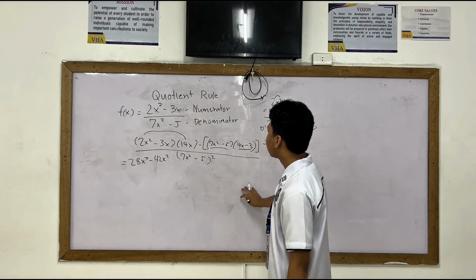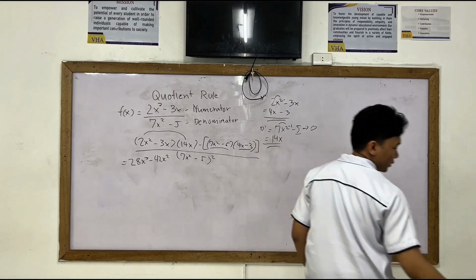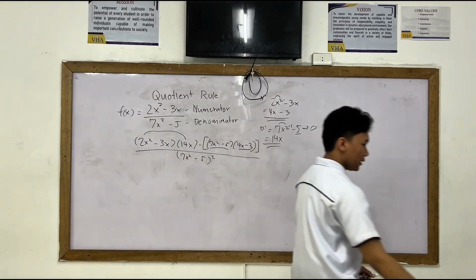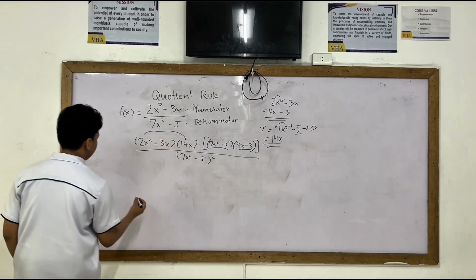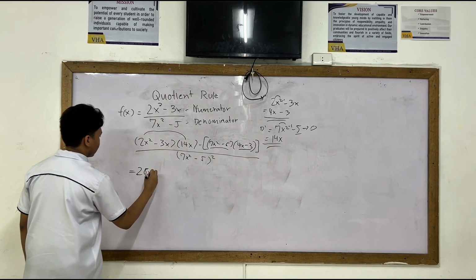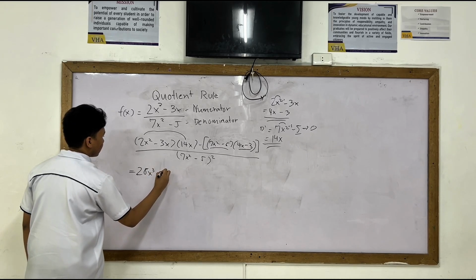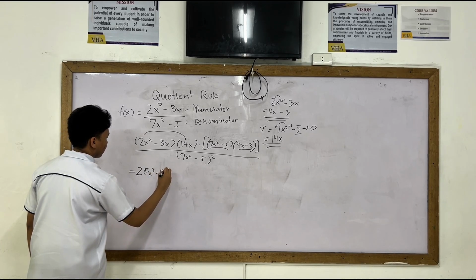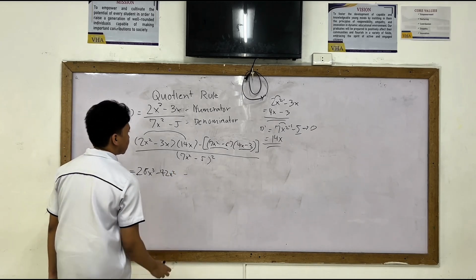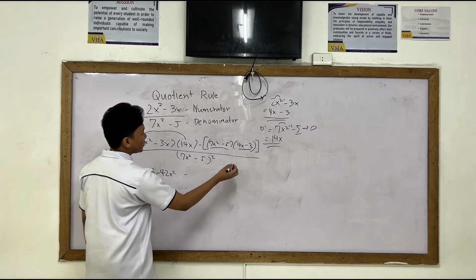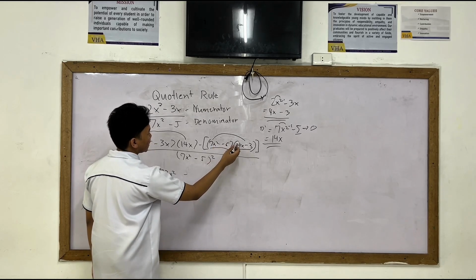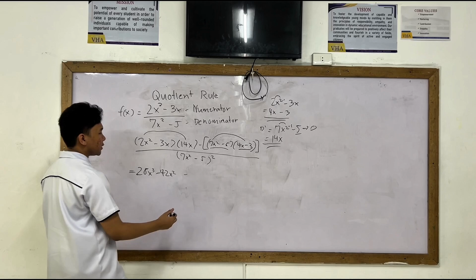And let's multiply 4x minus 3 to this factor, 7x² minus 5.